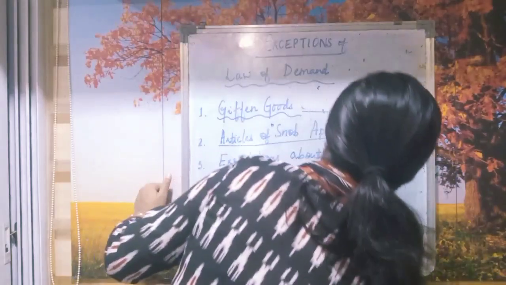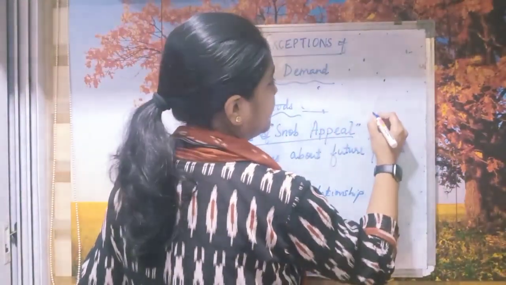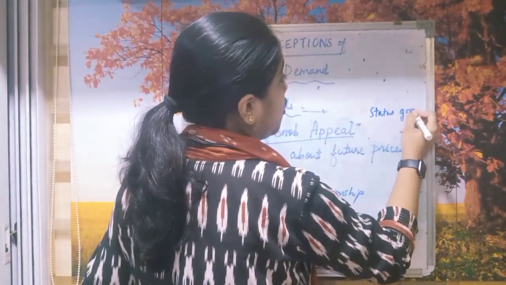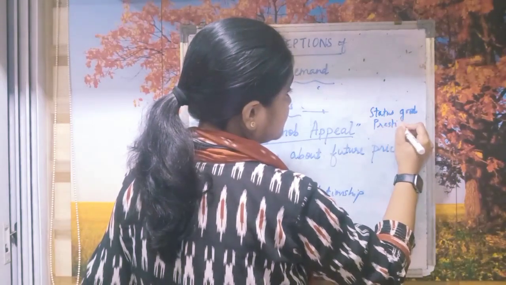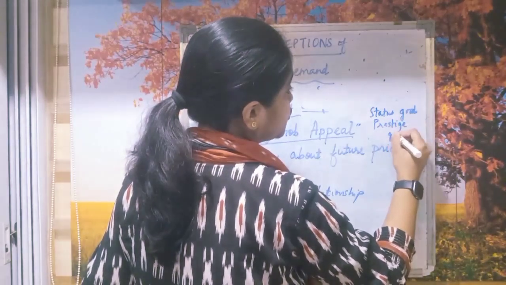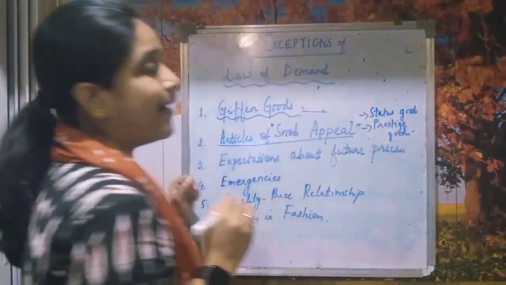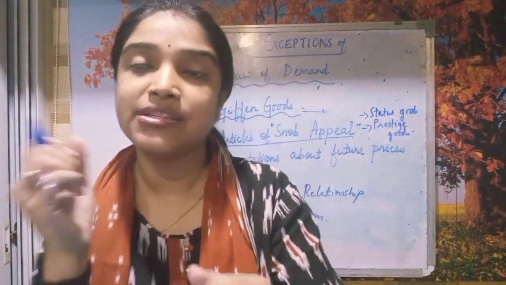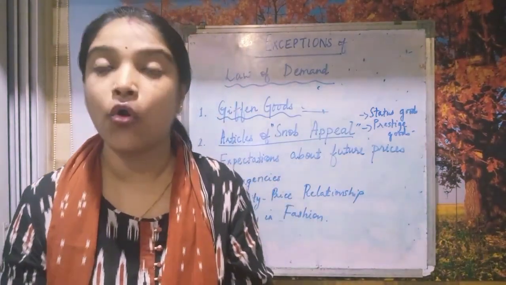Another name is prestige goods. That means when the consumer buys this good, it is a matter of status, it is a symbol of prestige, it is a symbol of honor.